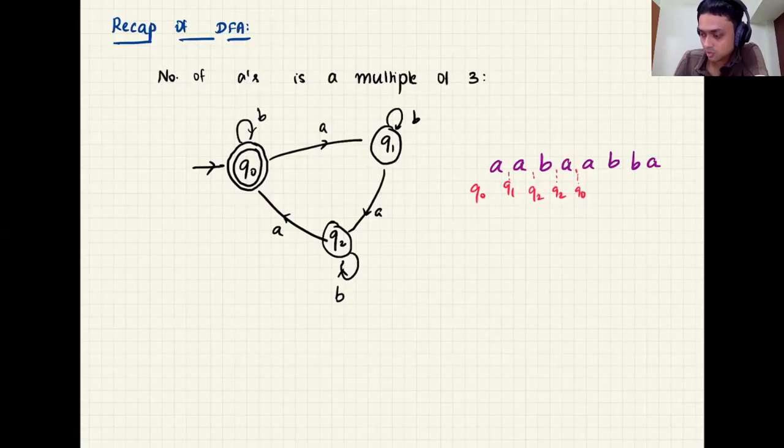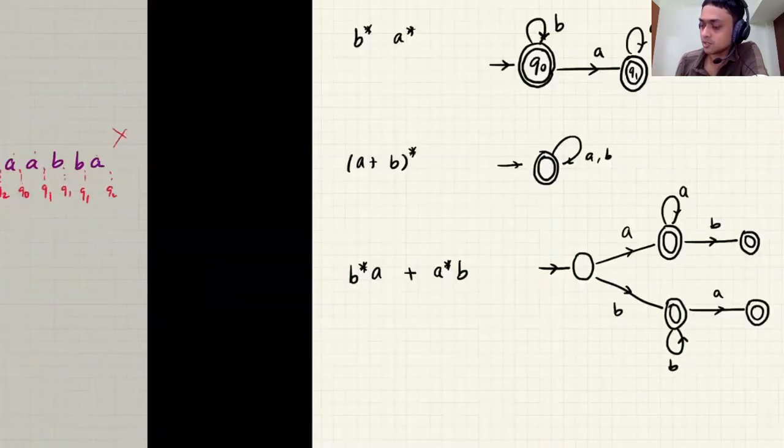Here I'll go to q0, q1, stay at q1, stay at q1, go to q2 and so on. So this will not be accepted because the number of a's seen is of the form 3k plus 2. Indeed, it is 1, 2, 3, 4, 5. So this will be rejected. This is the DFA for this language.